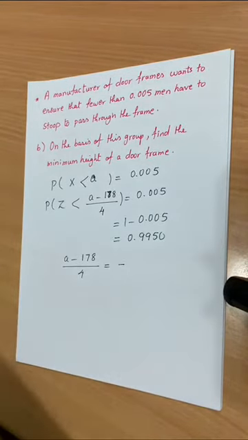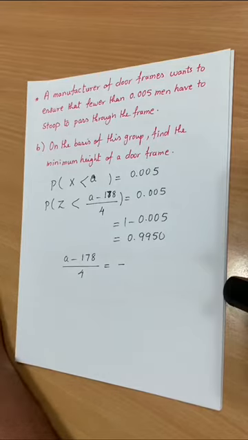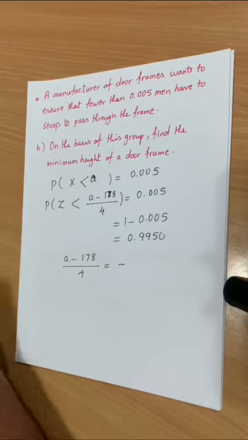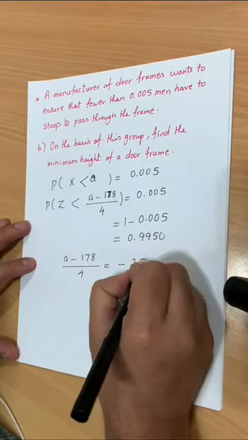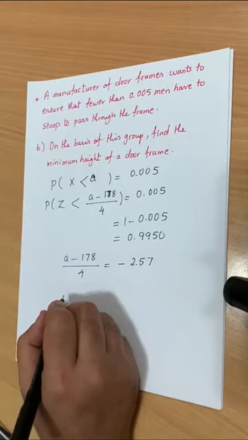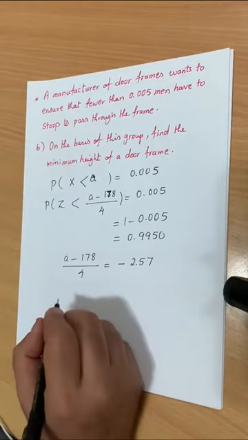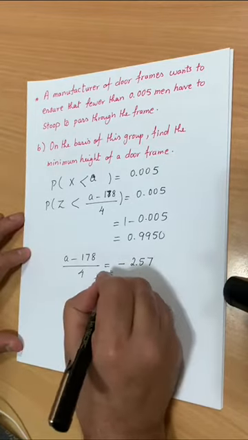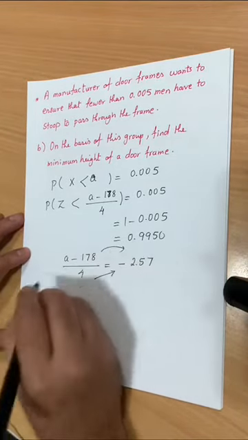Let's check the value in the table. The value in the table of 0.9950, we don't have 50, but we have 0.9949, which is very close to that. So it's 2.57. Then you just do cross multiplying and you move 178 to the other side.